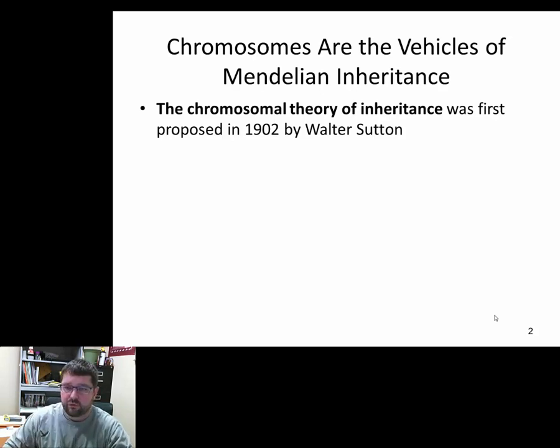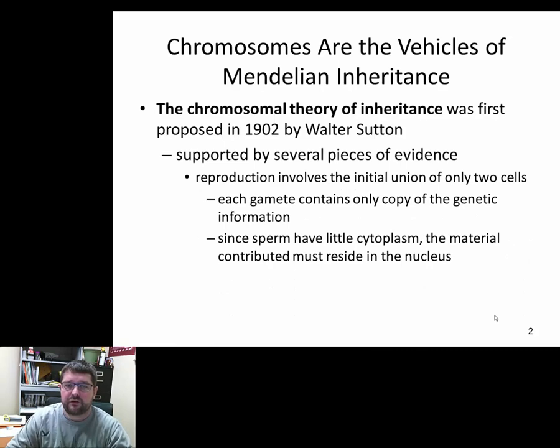Sutton was working this out, and he started looking at reproductive cells and found that when you look at sperm and egg, especially in diploid organisms, they only have one copy of the genetic information. For chromosome number 1, 2, 3, etc., they had one copy of it.